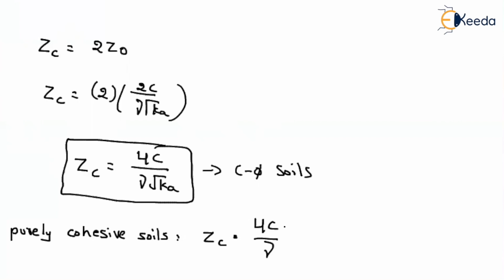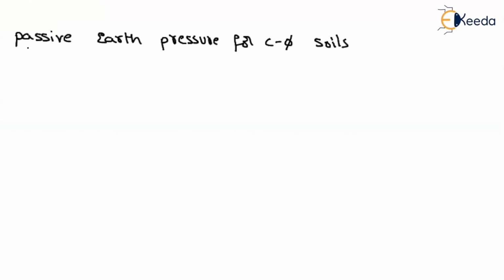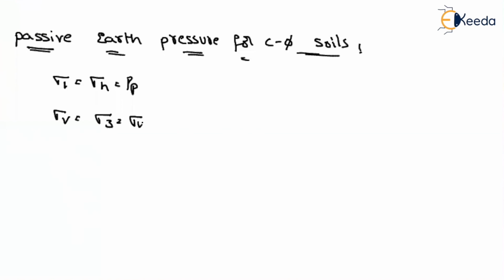Now, let us talk about the passive earth pressure for C-phi soils. So, what is the difference? Here, the major stress will be equal to sigma h, which is equal to Pp. The vertical stress is the minor stress, which is equal to sigma v.